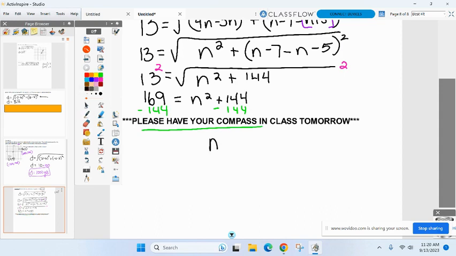N squared equals, what, 25? Next move, square root it. Value of n.